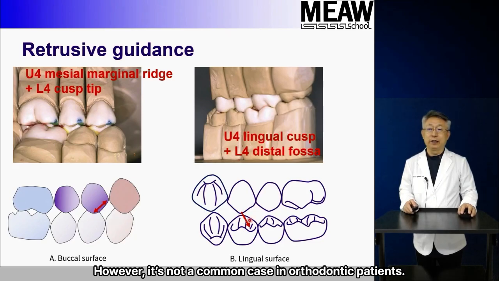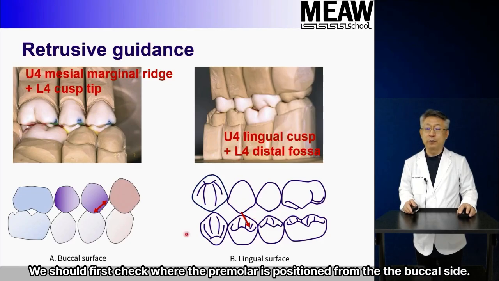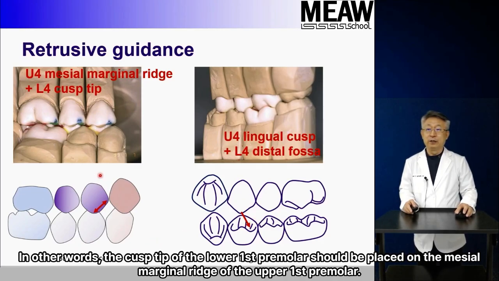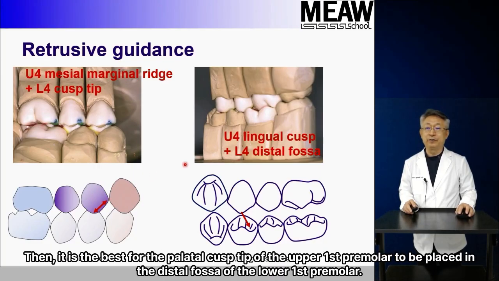However, it's not a common case in orthodontic patients. We should first check where the premolar is positioned from the buccal side. In other words, the cusp tip of the lower first premolar should be placed on the mesial marginal ridge of the upper first premolar. Then, it is the best for the palatal cusp tip of the upper first premolar to be placed in the distal fossa of the lower first premolar.